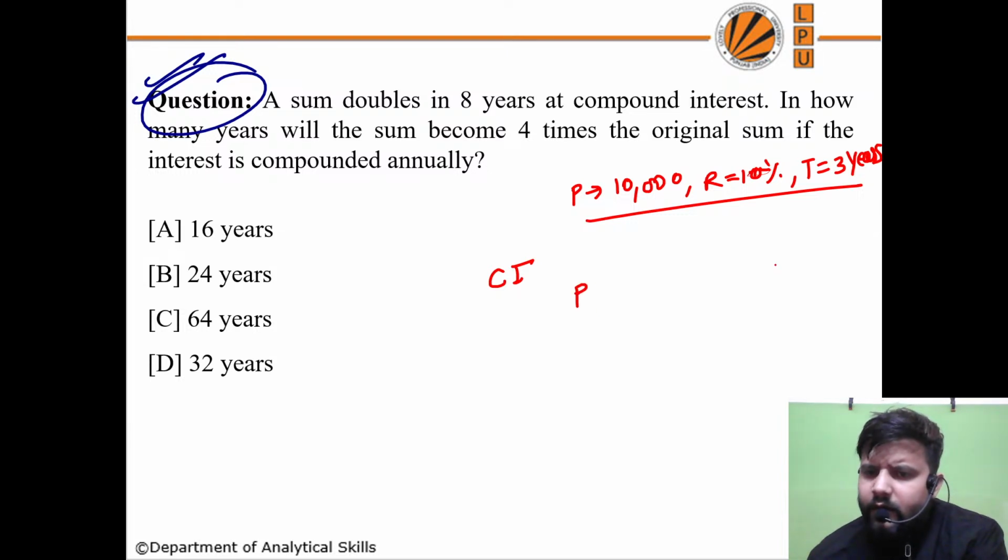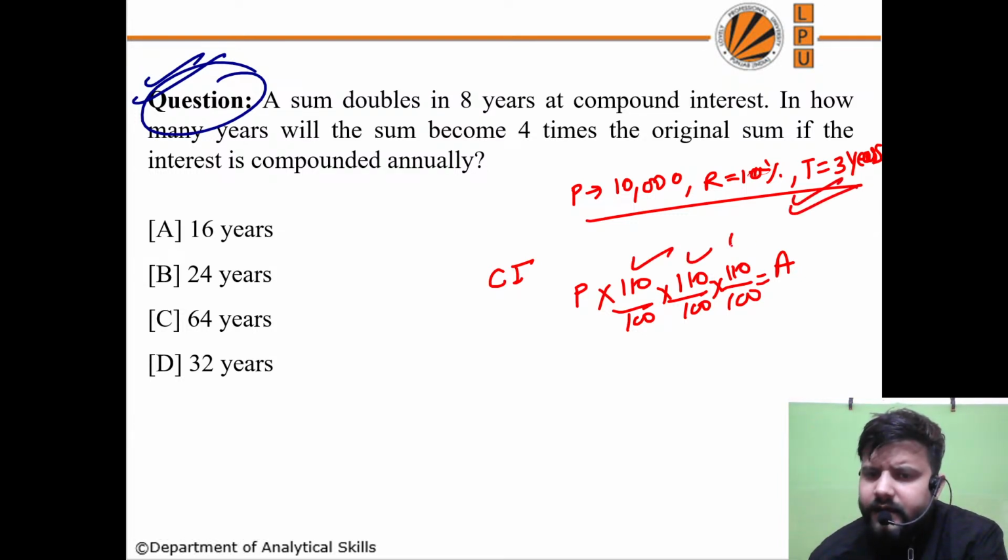From principal to amount, how can we jump directly? By multiplying 110 by 100, by multiplying 110 by 100, by multiplying 110 by 100, as many times as the number of years. The number of years is 3, so that's why I wrote this fraction 3 times. So every year what is happening? Can I write it as 1.1, 1.1, 1.1?